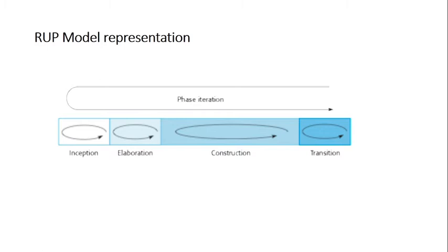But two things are important here. One is that I'm saying inception is relevant to your requirements, but to make it clear, I said earlier that in each and every phase all the 9 activities are iterated.